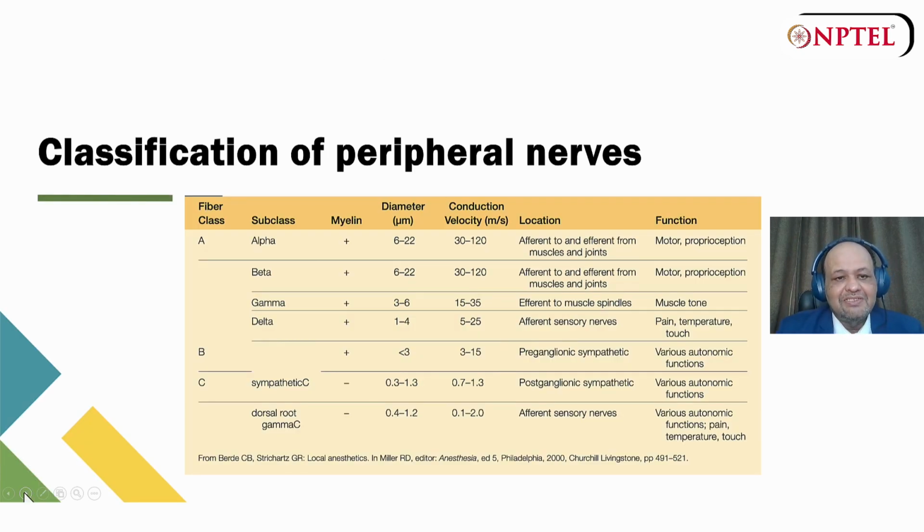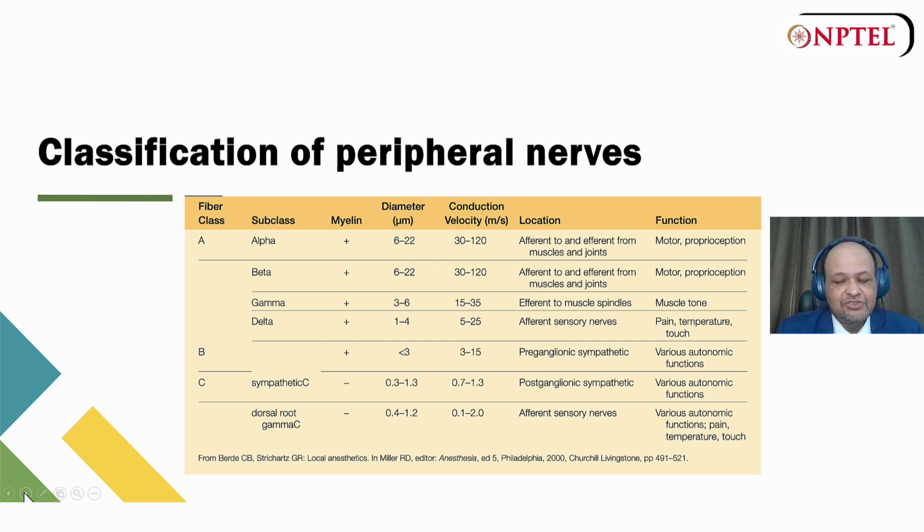So what is the basic classification of the peripheral nerves? What we are concerned with is the alpha, delta and the C fibers. These are the ones that lead to the various conduction, that is proprioception, pain, temperature and touch. So the delta fibers need to be very well coated by the local anesthetic solution.